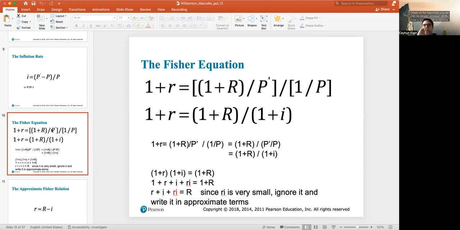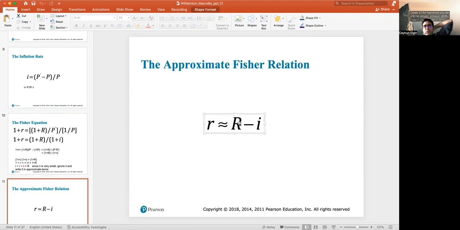Now, the Fisher equation is basically coming from this. First of all, we have to think about the following. What is an interest rate? And of course, when we talk about an interest rate, we have to differentiate between two kinds: nominal interest rate and real interest rate. As we have seen at the very back of chapter 1, the nominal interest rate is denoted by the capital letter R and the real interest rate by the lowercase letter r.